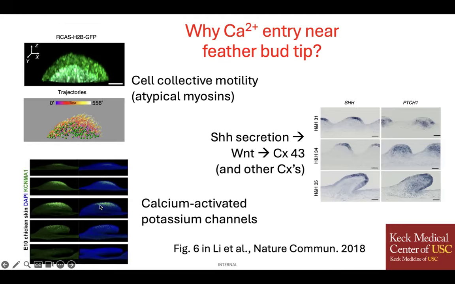And you see stage specific expression of calcium activated potassium channels. They appear and then disappear, but they're very close to the posterior of the bud. So these are 3 processes that are facilitated by calcium entering from the feather bud tip and propagating towards the base.